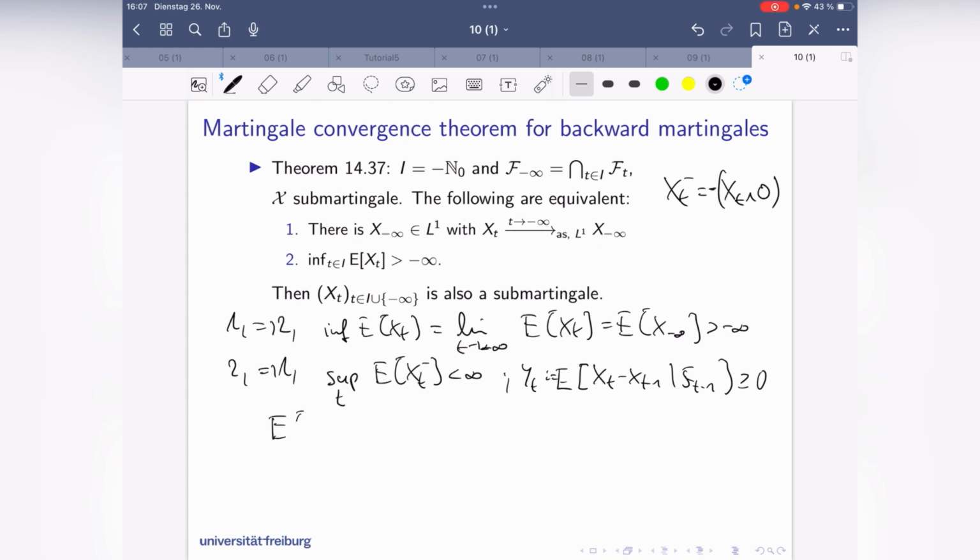So the expectation of the sum over the yt's, t from 0 to minus infinity, that's the expectation of x0 minus the infimum over all expectations of xt. And that's finite by assumption. Yes, so this here is bigger than minus infinity, and if we subtract it, it's smaller than infinity.